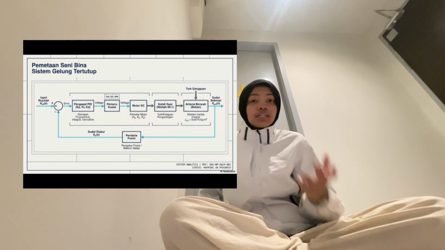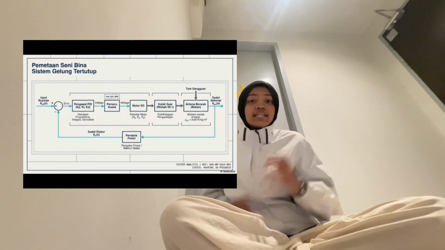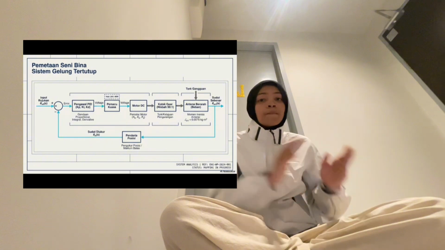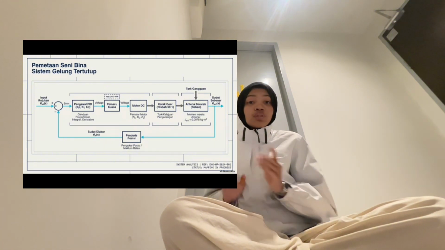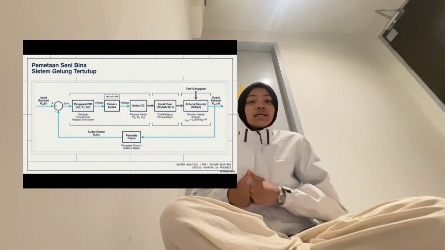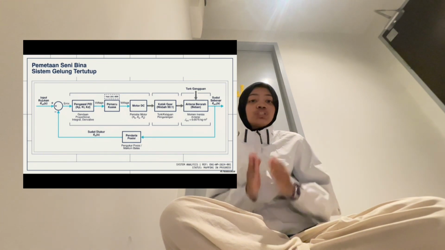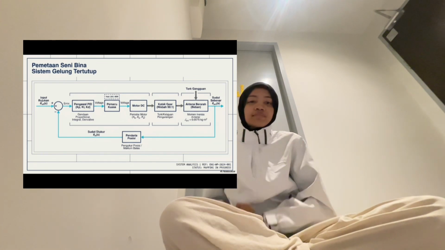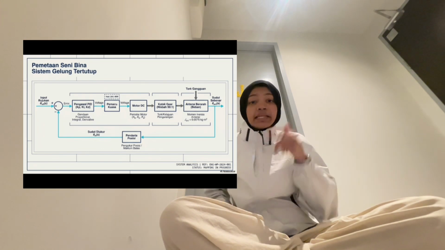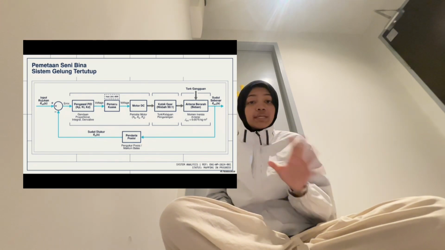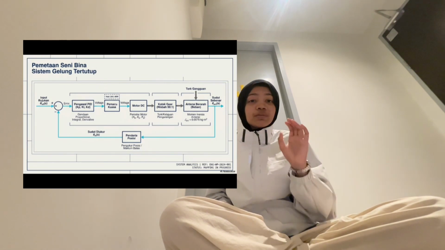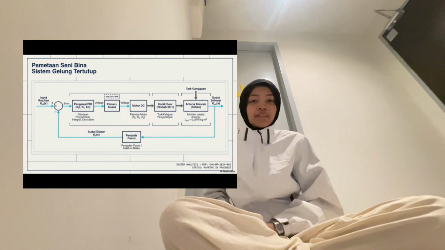The controller then processes this error and sends a control voltage to the DC motor. The motor rotates the antenna until the error becomes as close to zero as possible. This continuous feedback process allows the antenna to maintain the correct orientation even when disturbance occurs.